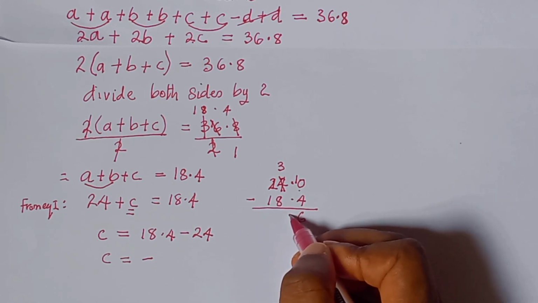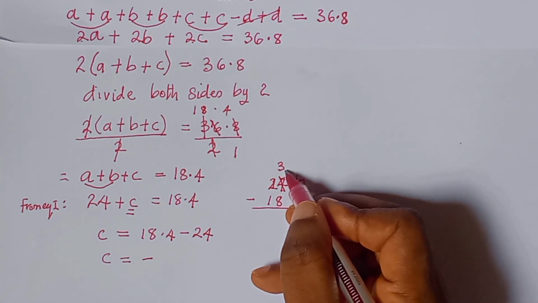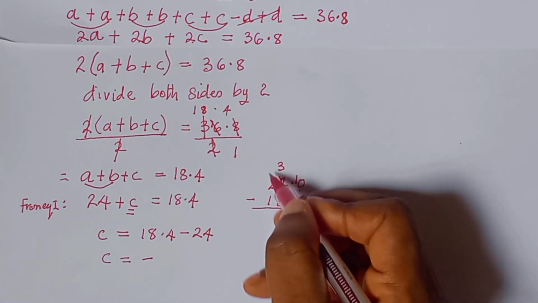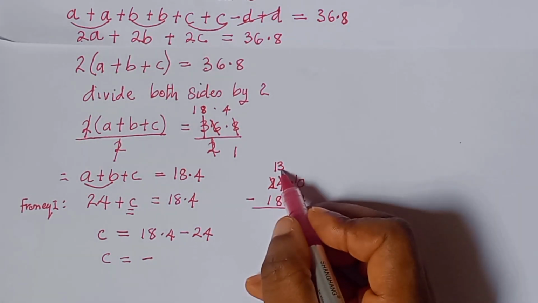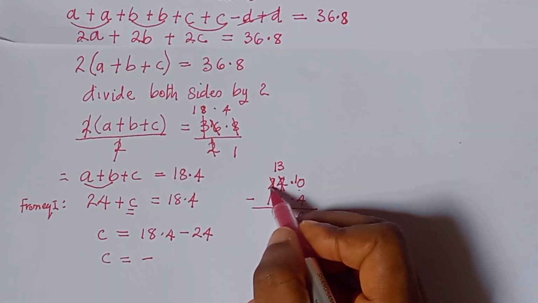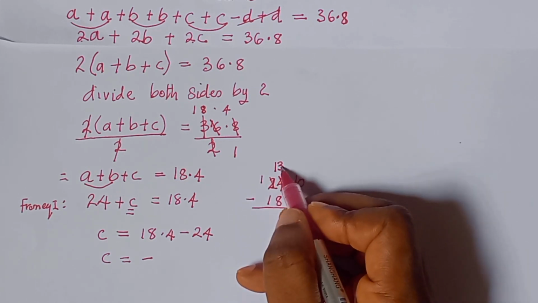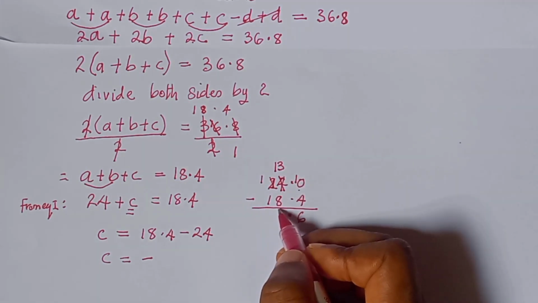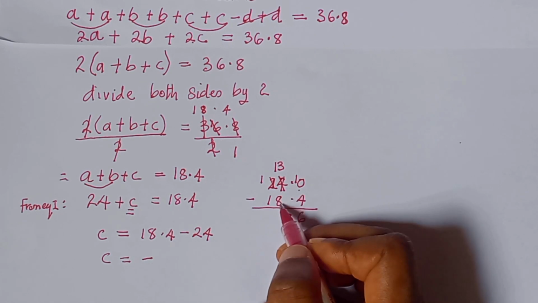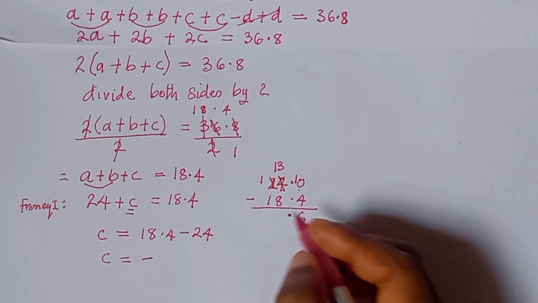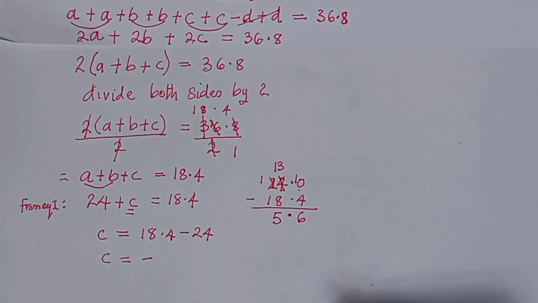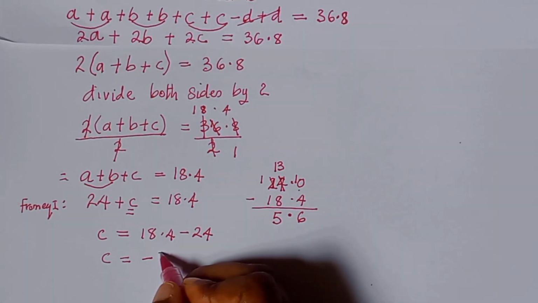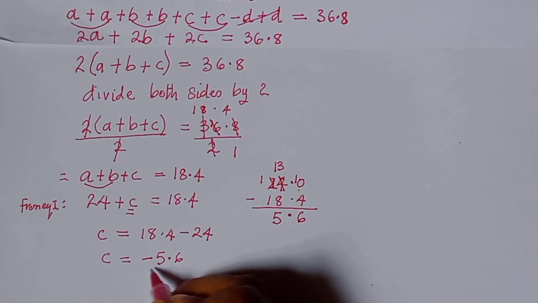Your decimal point. Your 3 minus 8 cannot, so you borrow 1 from here. Your 13 minus 8 is 5. So you have your 5 there. So our answer here is minus 5.6 for C.